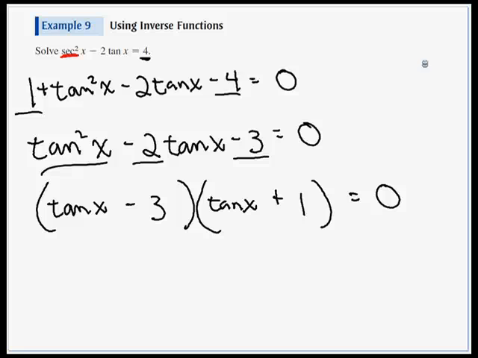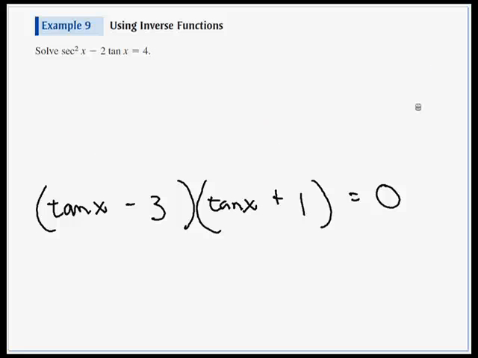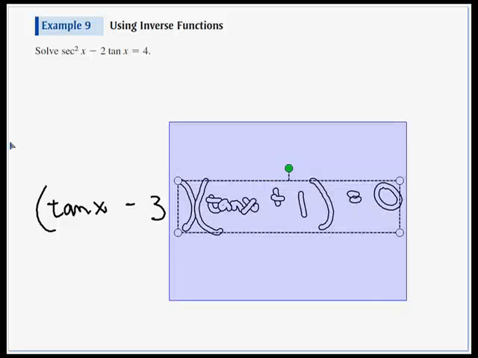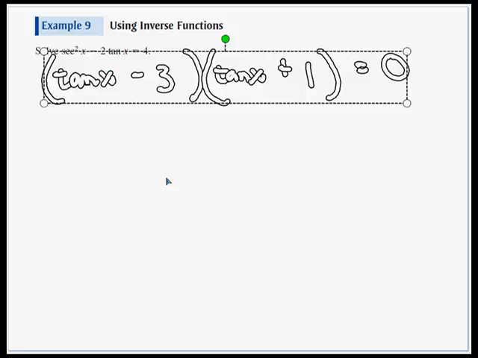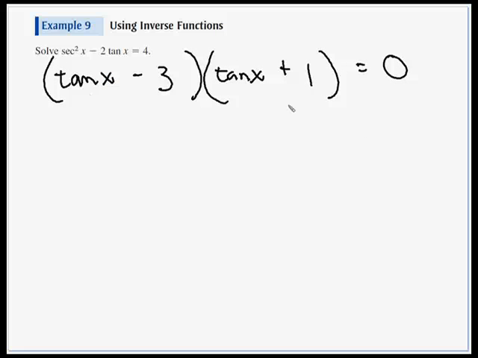And now we're ready to set each of those factors equal to 0. So on the left here, tan of x minus 3 equals 0 means tan of x equals 3. And we also have this, tan of x plus 1 equals 0 means tan of x equals negative 1.